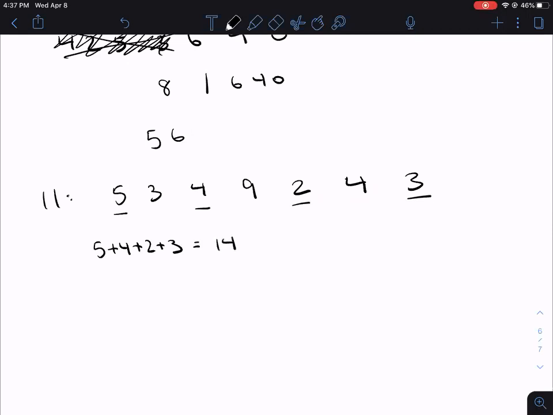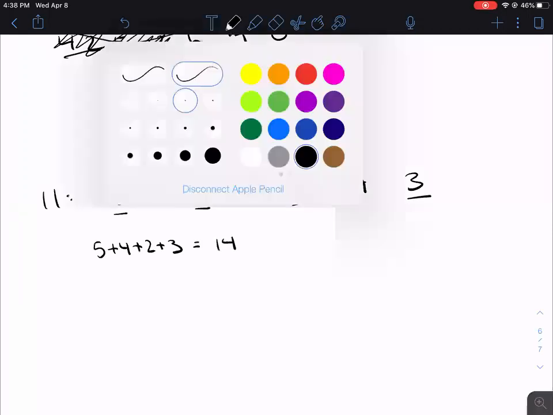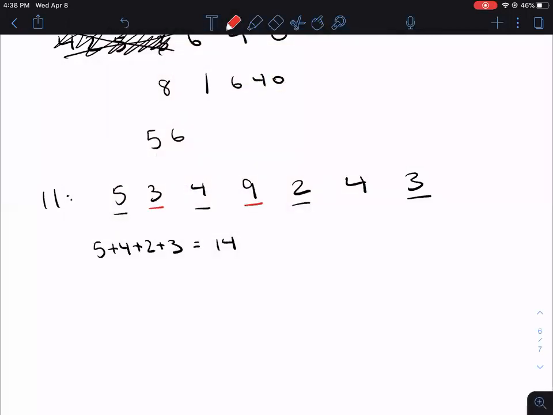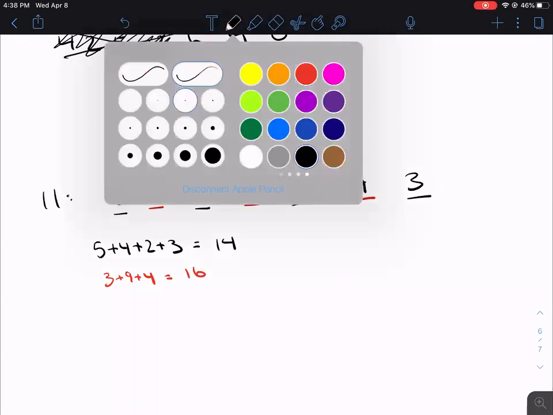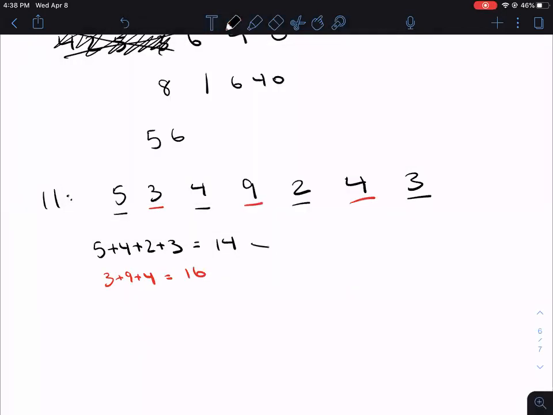This is equal to 14. And now let's take 3, 9, and 4. So 3 plus 9 plus 4 is equal to 16. So the difference is 2, and 2 is not divisible by 11. So that means 11 does not divide 5349243. Does this make sense?